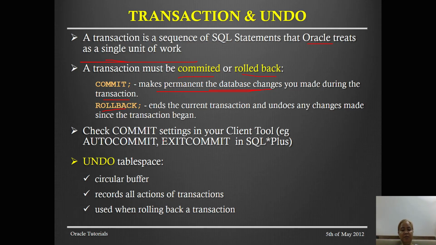So, we check the commit settings in the client tool. Halimbawa, the auto commit, the exit commit in the SQL. The undo table space, which is a circular buffer, records all the actions of the transactions and is used when rolling back the transaction.